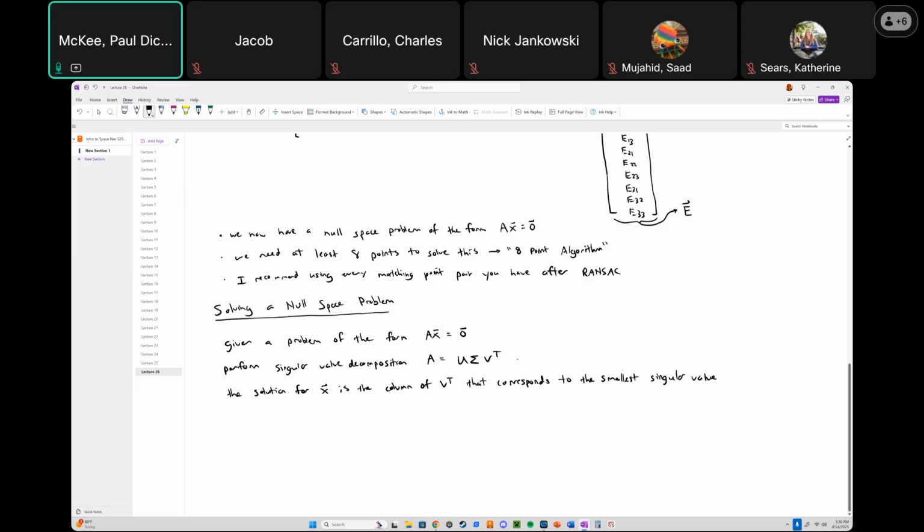And really, X is a direction in 3D space that is more or less ignored by A, if that makes sense. If you multiply any vector along that direction by A in space, you get 0. That's the meaning of a null space problem. So there's something about A where essentially it's going to have at least one basically 0 singular value. And the corresponding vector that you extract from V transpose is the direction saying there is no A in this direction, if that makes sense. That's kind of how I think about it.